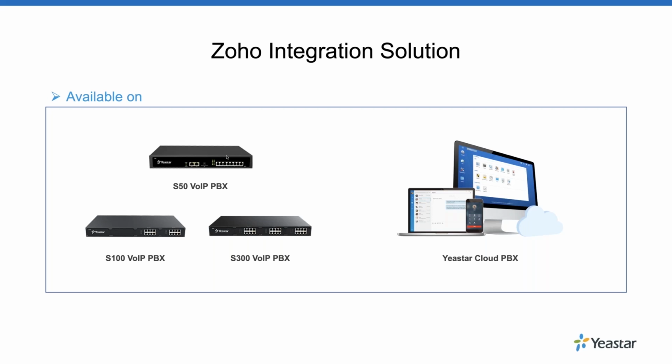And by the way, the Zoho integration solution is a built-in application, which basically means once you upgrade your system, you will be able to have this Zoho integration application on your PBX. It's a built-in application, and we don't charge you a license. So no need for a license, it's free. Okay. That's pretty user-friendly for our customers. They can simply upgrade the system, get this new feature, and make it work.